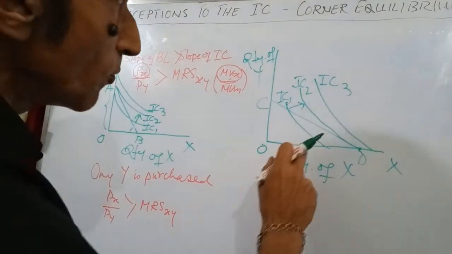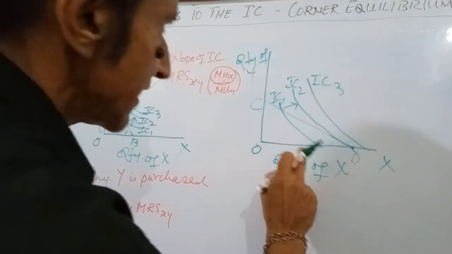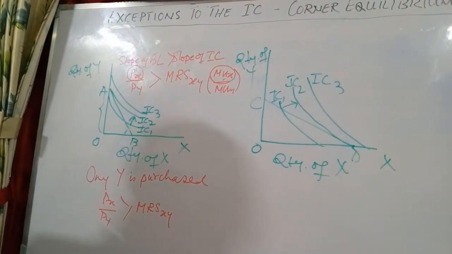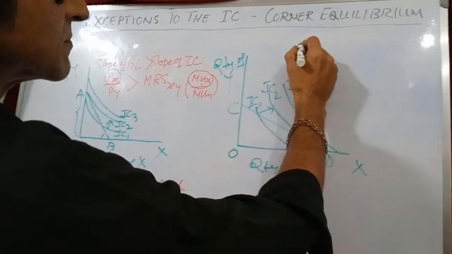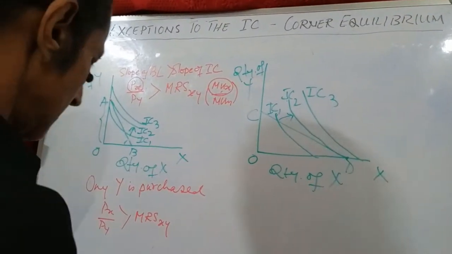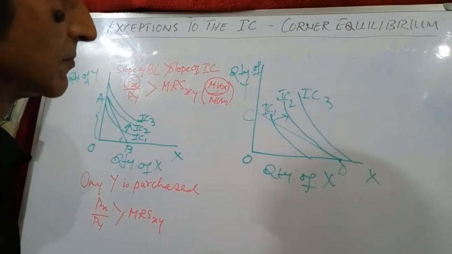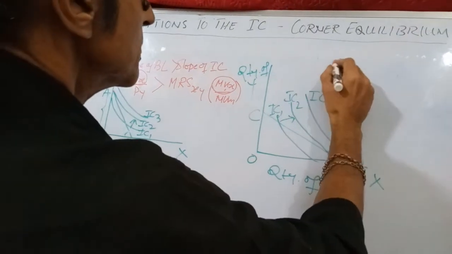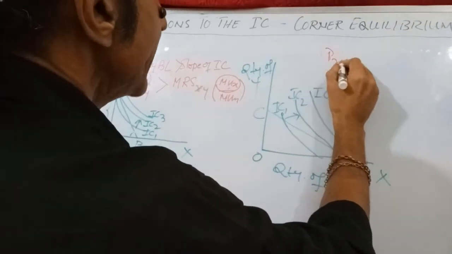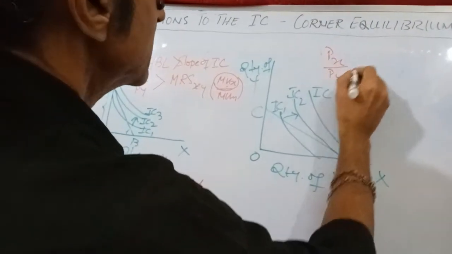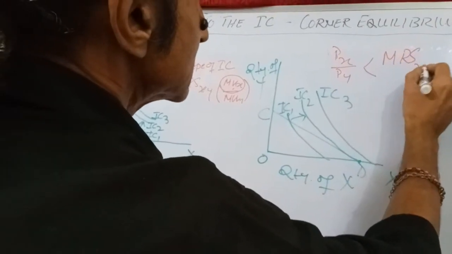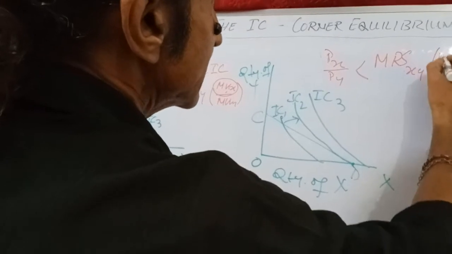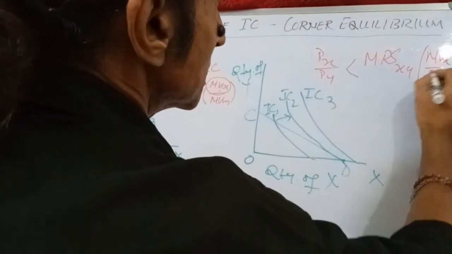Now look at the slopes of the budget line and indifference curve IC2. Here you see PX by PY is less than MRS XY, that is MUX by MUY.